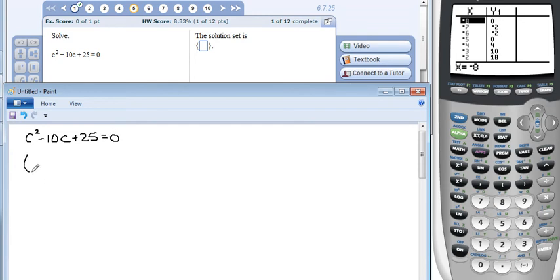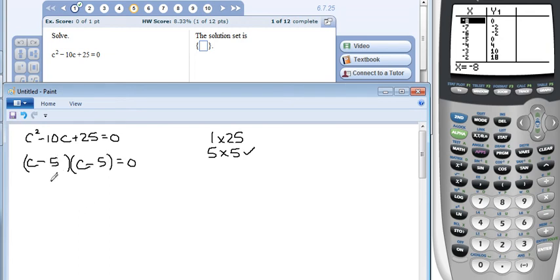All right, so we're going to factor. I've got my variable in the front. My signs are the same, and they're both negative. Factors of 25, you have to add to 10. So I'm going to put this in here.